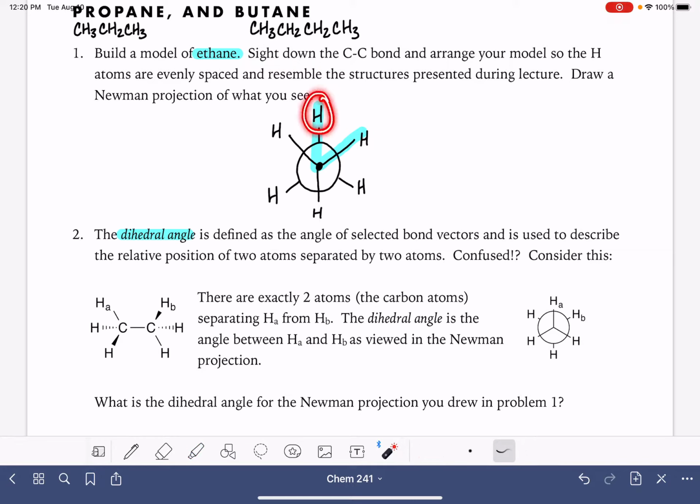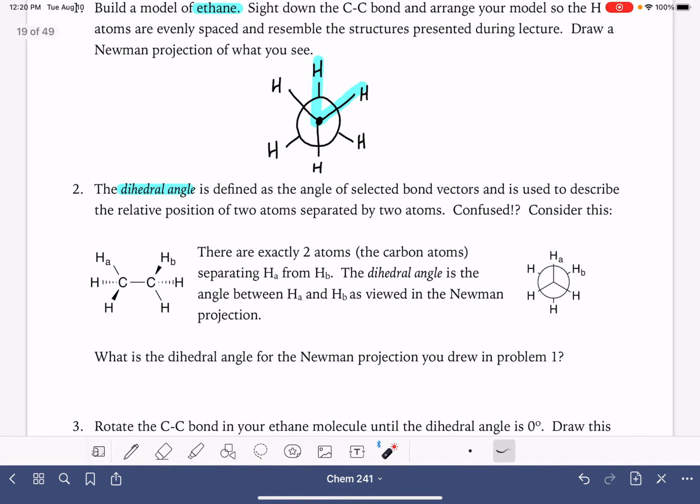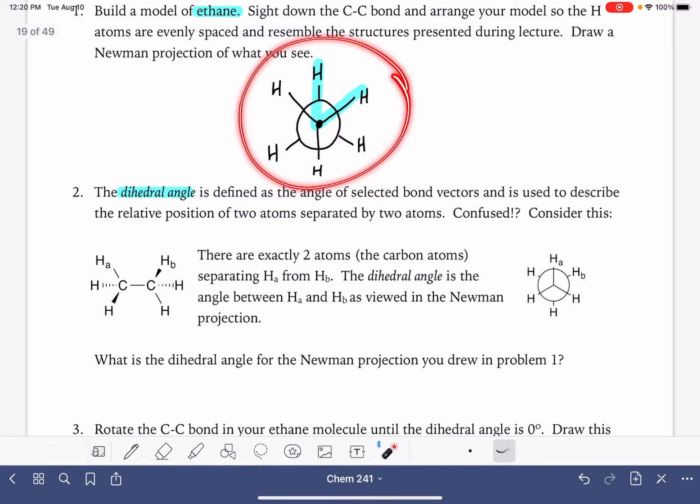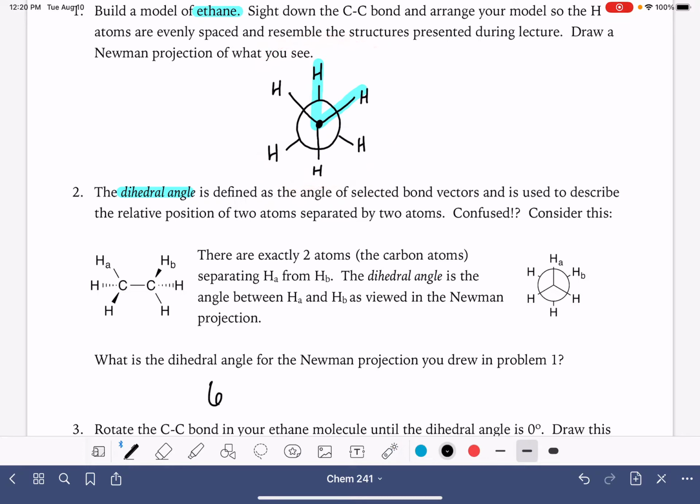It's talking about 2 atoms, so in this case, the 2 hydrogen atoms that are separated from each other by 2 atoms, that being the carbon atom and the other carbon atom right there. So the dihedral angle would not be the angle between 2 hydrogen atoms that are attached to the same carbon. It would be the angle between 2 hydrogen atoms that are attached to different carbons. And the dihedral angle for the Newman projection that we drew up here is 60 degrees. So all of these angles need to be 60 degrees.